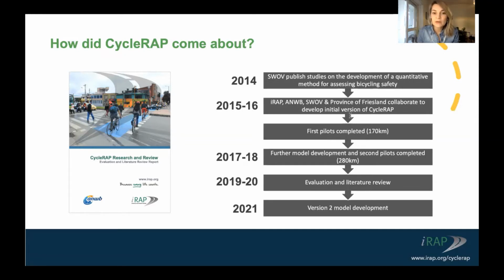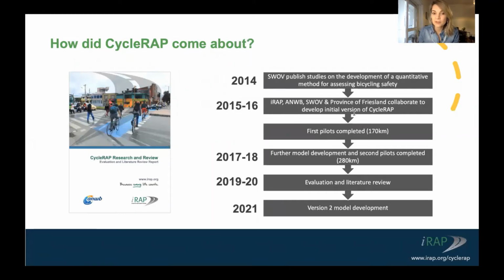After that, we did a really extensive evaluation of the model based on a comprehensive literature review. And in 2021, we combined how the model performed in the pilots with the evidence from the literature review to create the second version of CycleRAP. That is the one that I will be presenting for you today. This version is still under development.